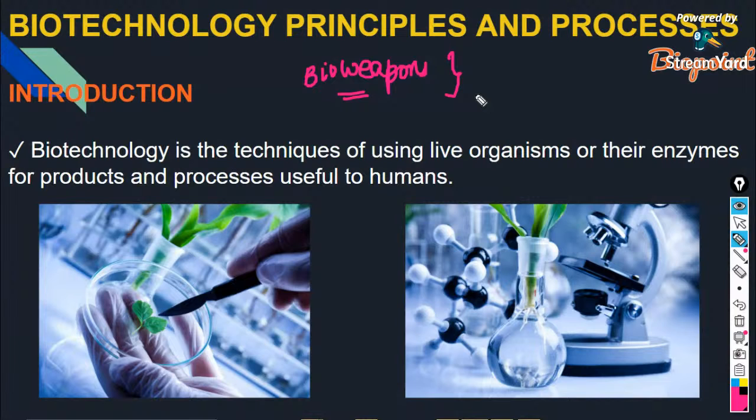Yes, Bacillus thuringiensis can be called a bioweapon, but there are more important bioweapons. For example, during the initial times of COVID-19, a rumor spread that this was a bioweapon attack by China on India. There was news like that during the initial days when this virus came to India.